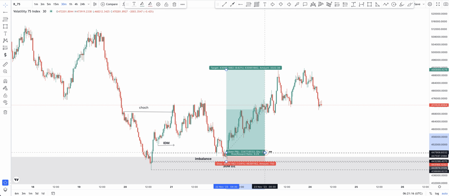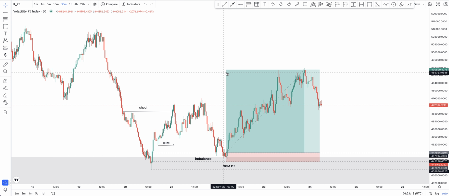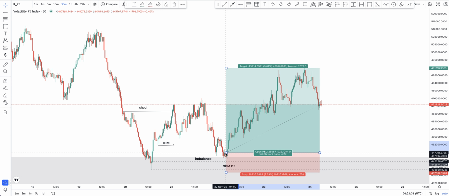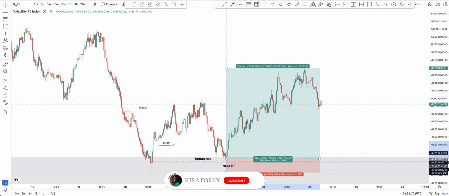As of now, we are running almost 43,914 points, and our SL was below this point. So this is our SL and this is our entry. Our entry was here and our SL is a little below our demand zone.